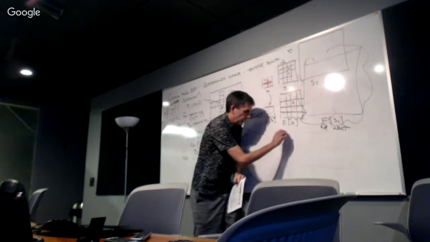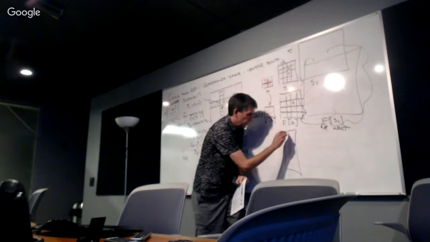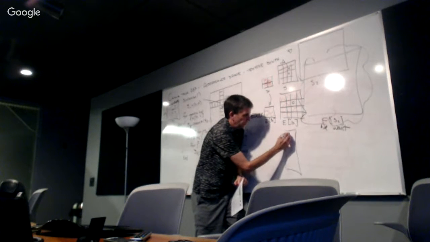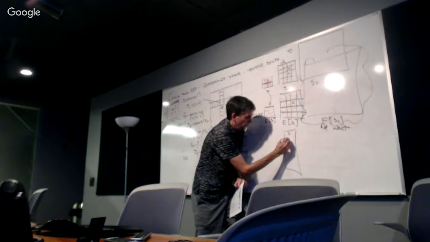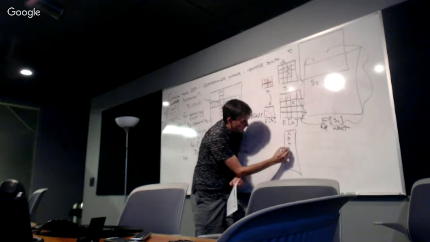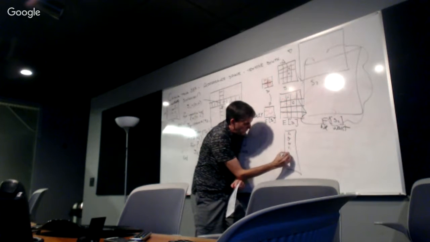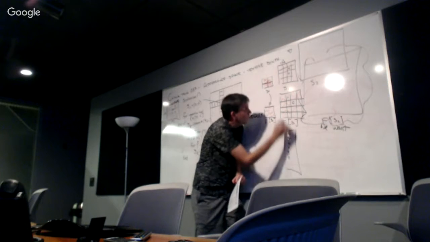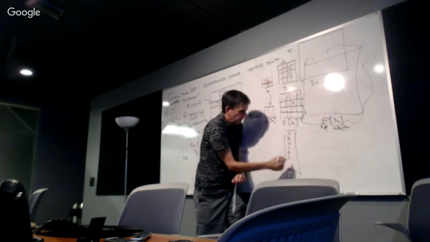Each one of these is red 0, green 0, blue 0. We'll call that 0, and this would be R1, G1, B1. And that would be 1, 2, 3, and dot, dot, dot, all the way down.